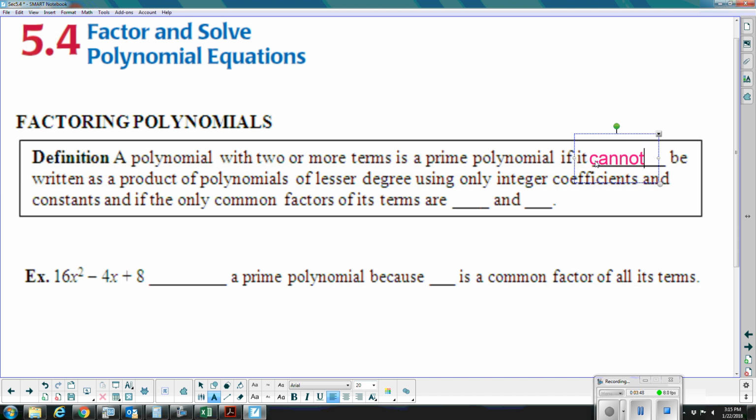So to factor it completely, we have to use integer coefficients, but a prime polynomial, we cannot do that. And the constants, if the only common factor of its terms are itself and 1.